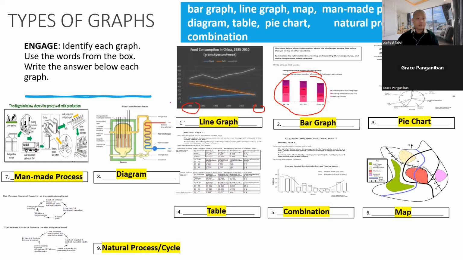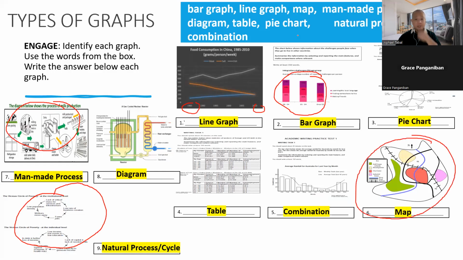For a man-made process, we use stage language. For a natural process, the main vocab is cause and effect. And for maps, the main vocab is the language of location.